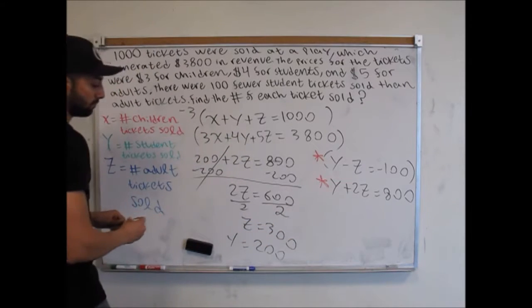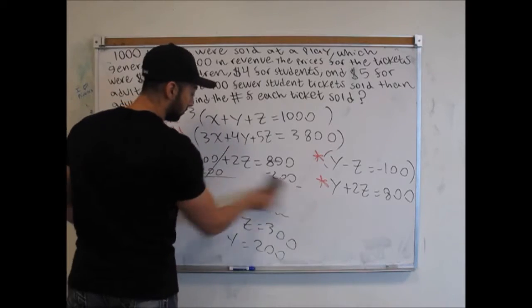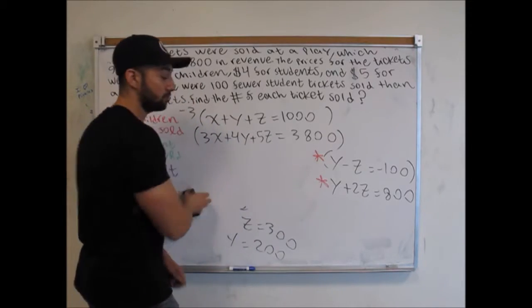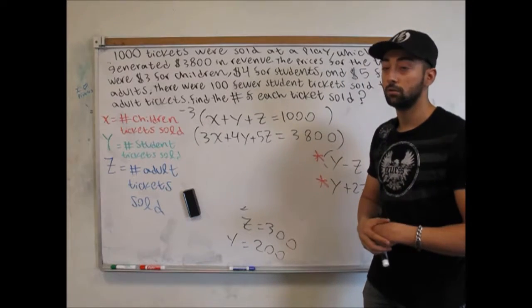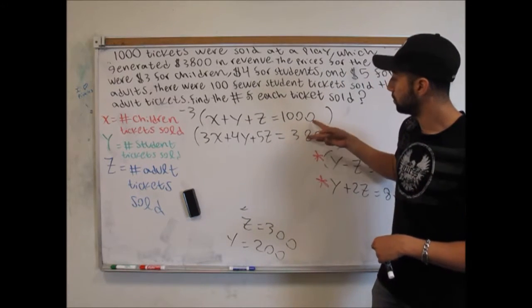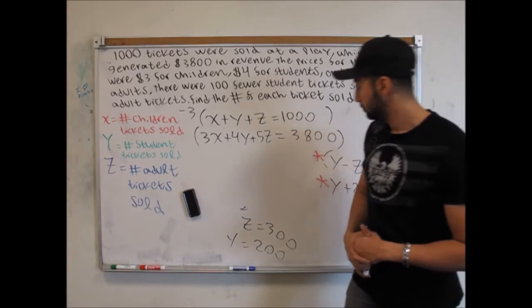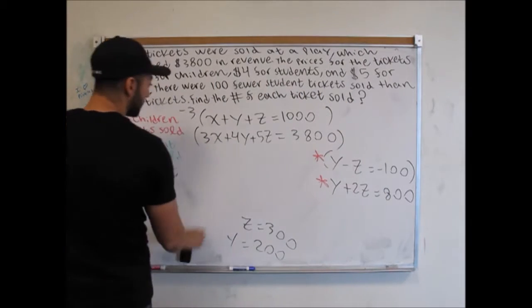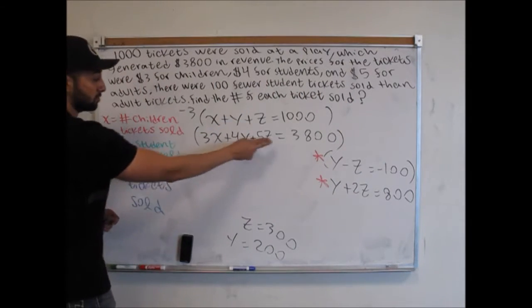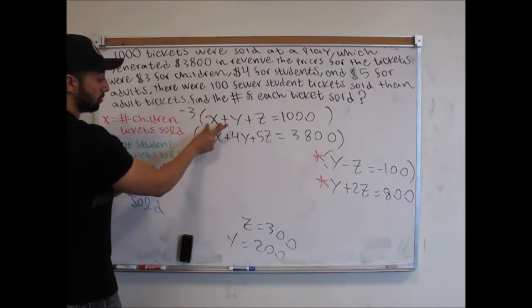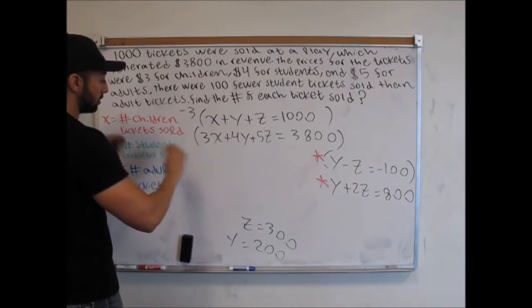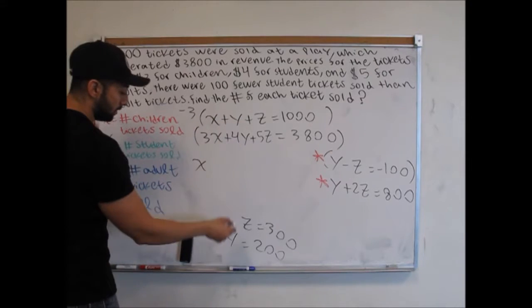So now we have two of our variables solved for. When you have two of your variables solved for, you jump to an equation that has three variables. So we have to jump to one of these. It looks like this one would be better because there's no coefficients in front of them. So let's go with this. We have z and y. We don't know x, so I'm not going to touch the x. Y is 200.